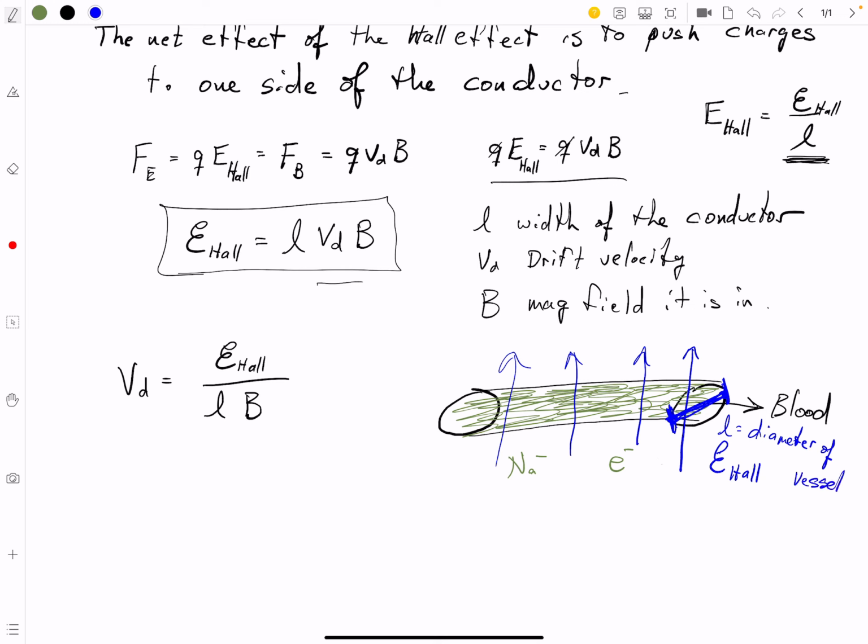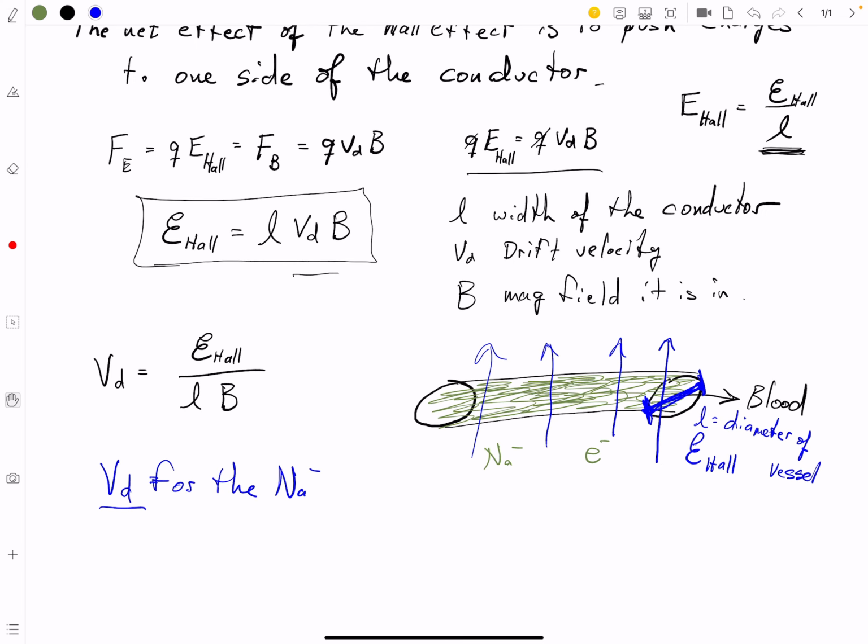And we can then find this drift velocity for the Na ion. So maybe let's do it.